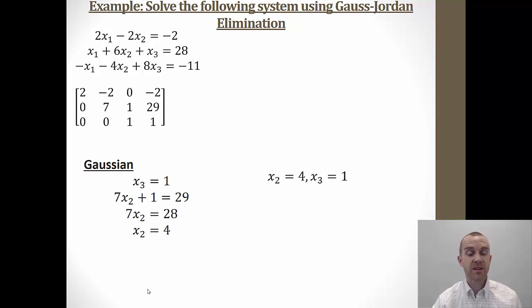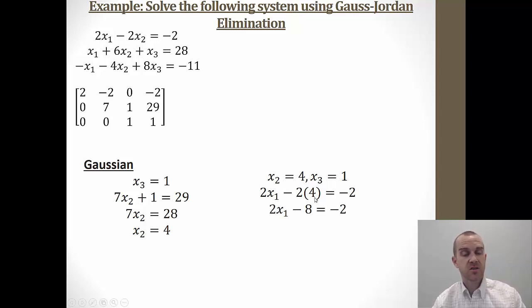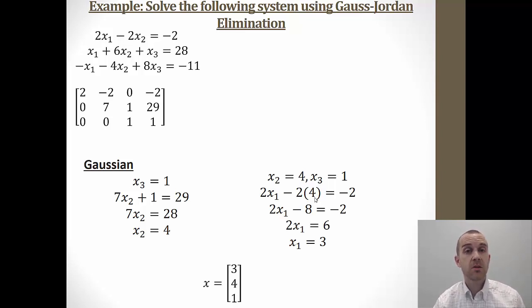Now we have both x2 and x3. We can take it back to our first row and say now we have 2 times x1 minus 2 times 4, and you could say plus 0 if you want, but you don't have to, equals negative 2. I simplify, so it's 2x1 minus 8 equals negative 2. So 2x1 equals 6, therefore x1 equals 3. So we can say that the solution to this system would be 3, 4, and 1.